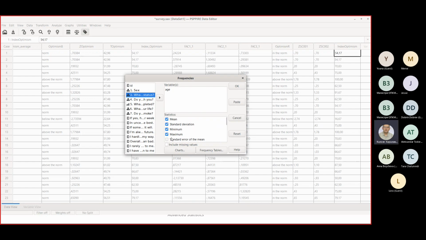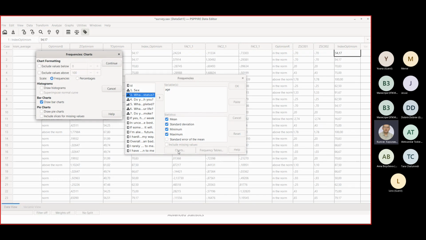So I choose different descriptive statistics, and I will change the chart. I will uncheck bar chart, and will check histogram. We already made histograms, but here for the interval variables, the appropriate chart is histogram.